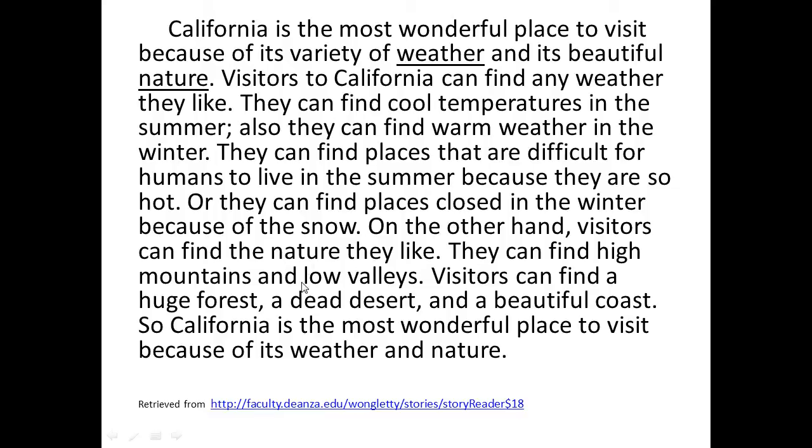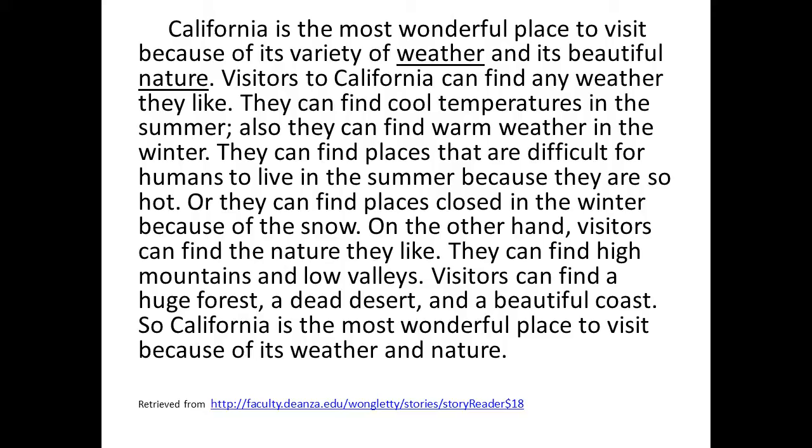They can find high mountains and low valleys. Visitors can find a huge forest, a dead desert, and a beautiful coast. So California is the most wonderful place to visit because of its weather and nature. So the question is, does this paragraph communicate about weather and nature in terms of visiting California?